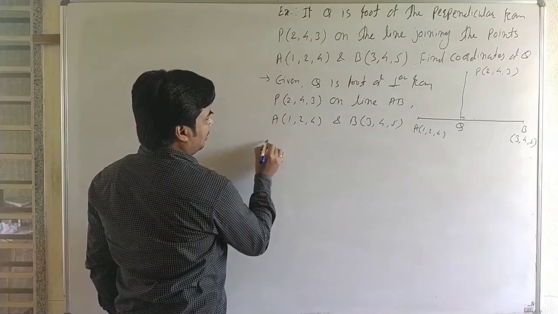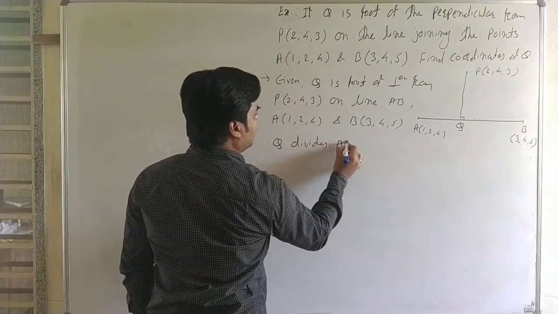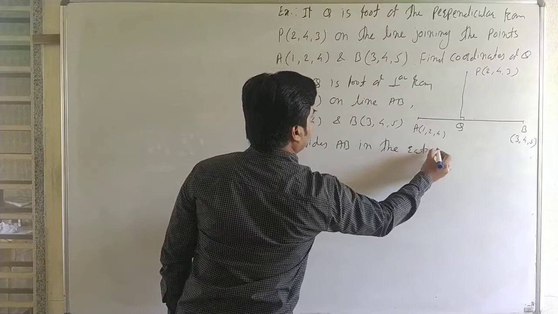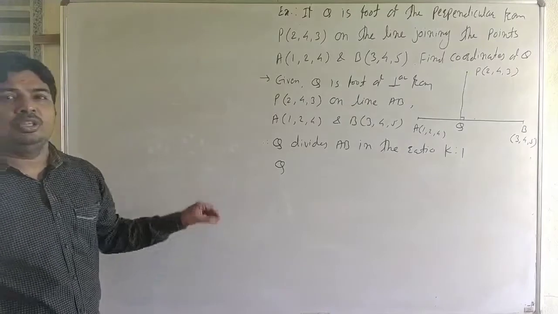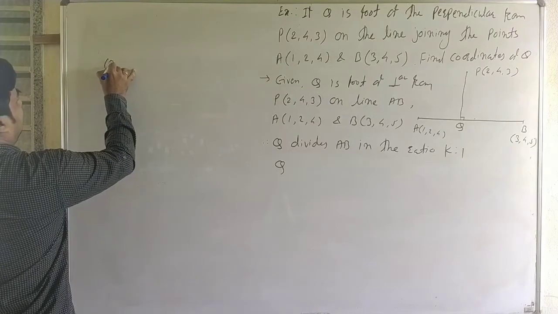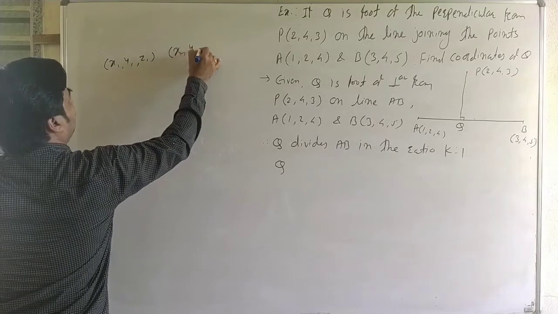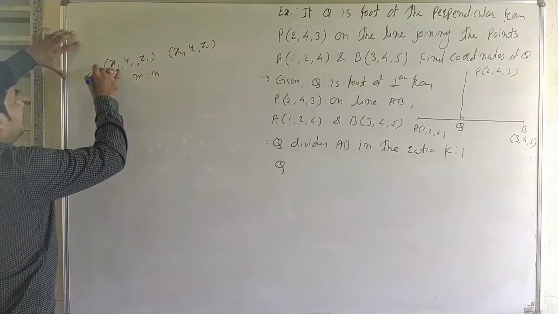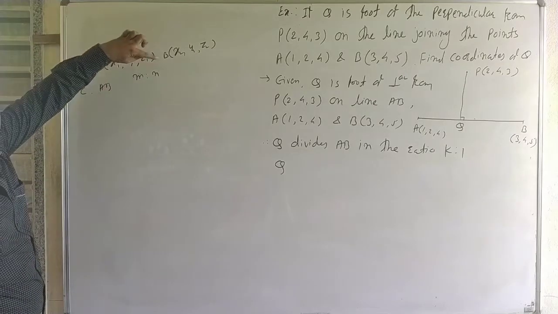Therefore Q divides AB in the ratio k:1. Now we know the section formula, by using the vector or Cartesian method. Suppose the points are (x1, y1, z1) and (x2, y2, z2), and C divides AB in the ratio m:n.